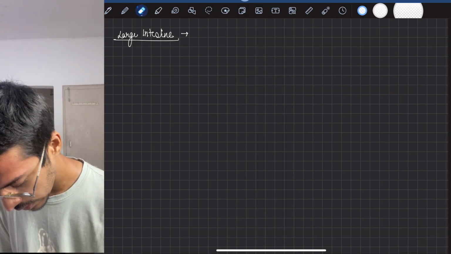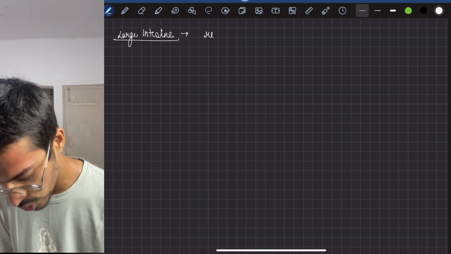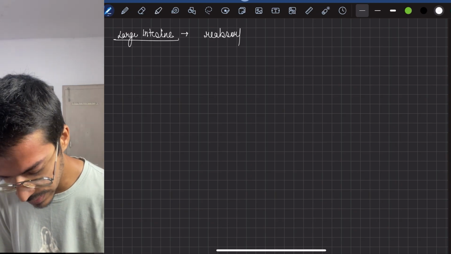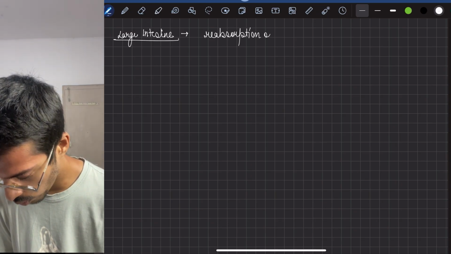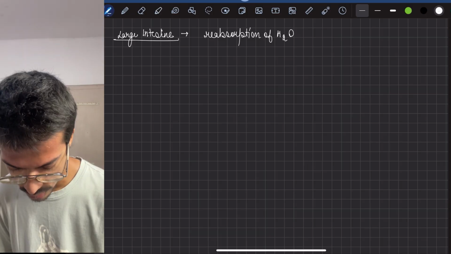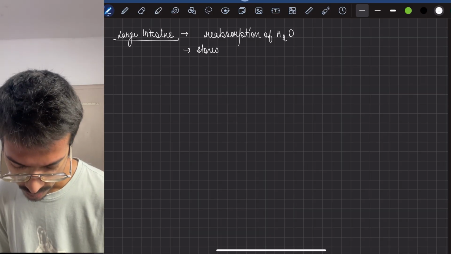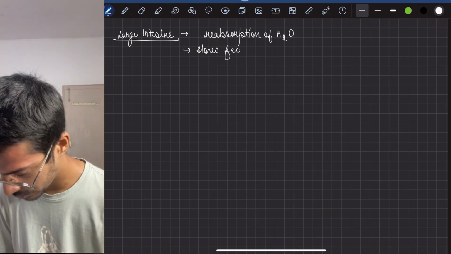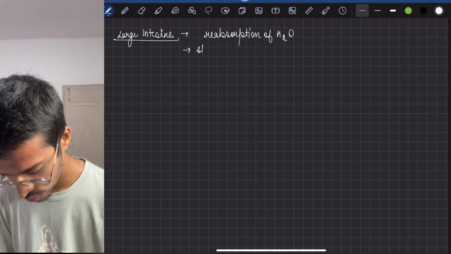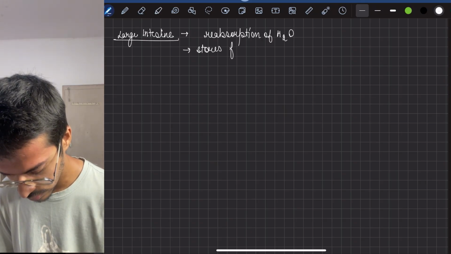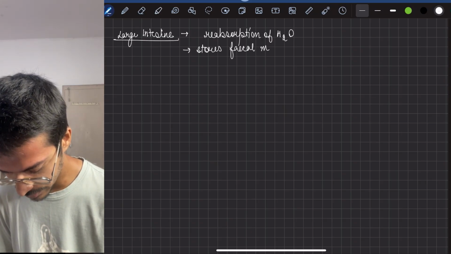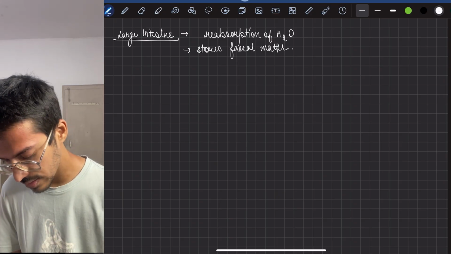So the basic work is absorption of water from the feces, and it stores fecal matter. And the last is what?